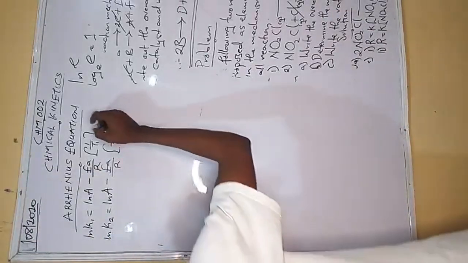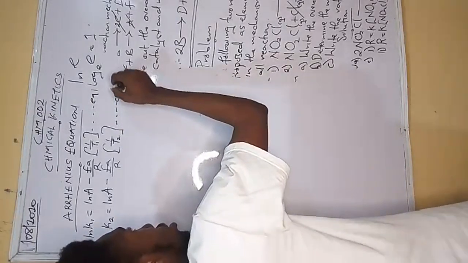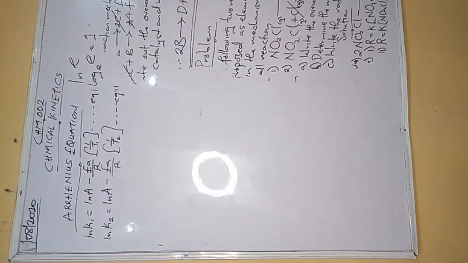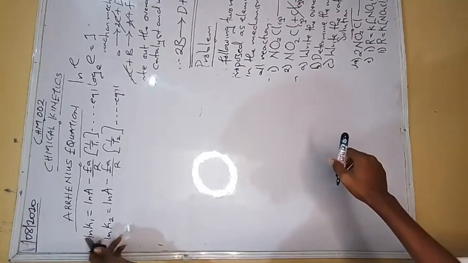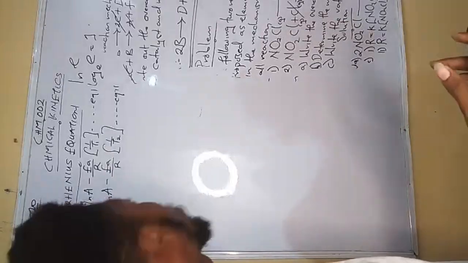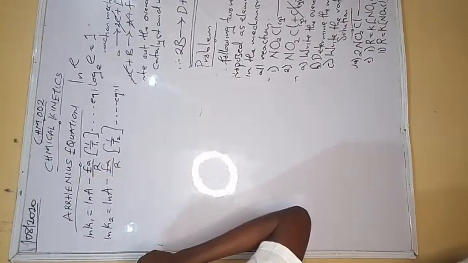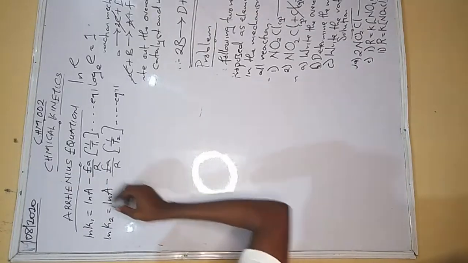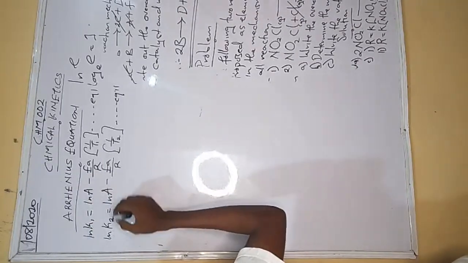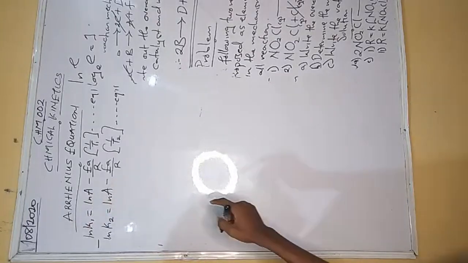What do we do? Let's imagine this equation 1 and this equation 2. We will now be subtracting equation 1 from equation 2, taking this one from this one. What will you be having?